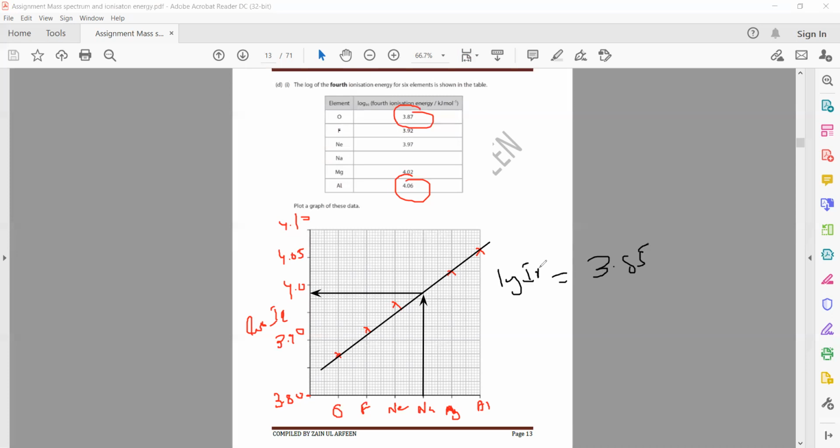We are getting 3.85, but we have to take the anti-log. So how do we take the anti-log? The ionization energy is 10 raised to the power 3.85. So we'll get the ionization energy in kilojoules per mole. Is it clear?